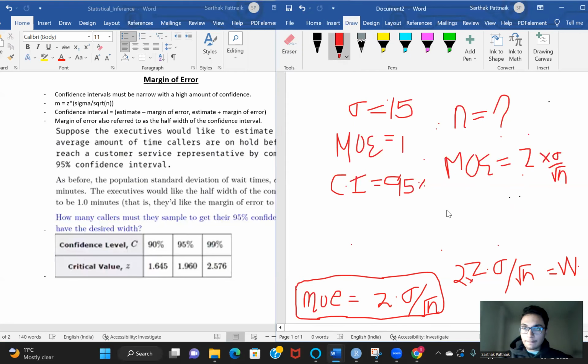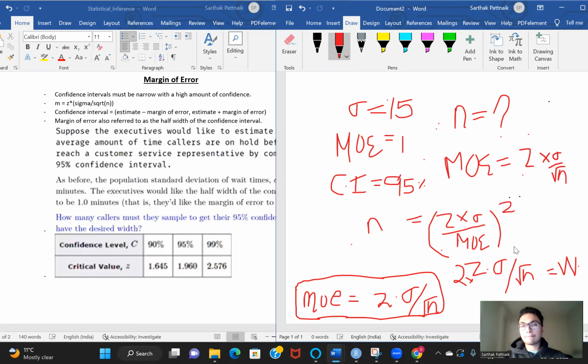Yes. And you need to calculate n. So n will be nothing but equal to z into sigma by margin of error, whole square.